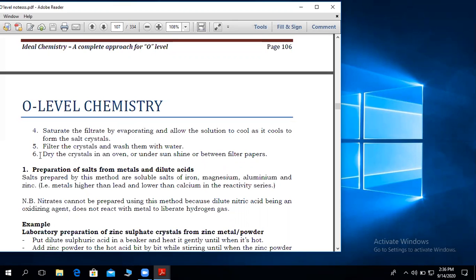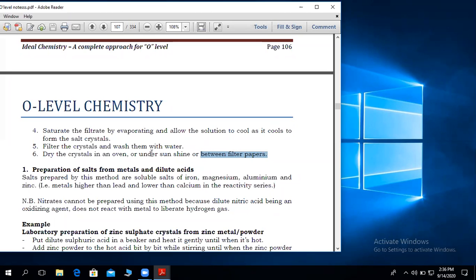Now the crystals that are formed, you filter the crystals and wash them with distilled water. This should be distilled water here. Then dry the crystals in an oven by placing them between filter papers.